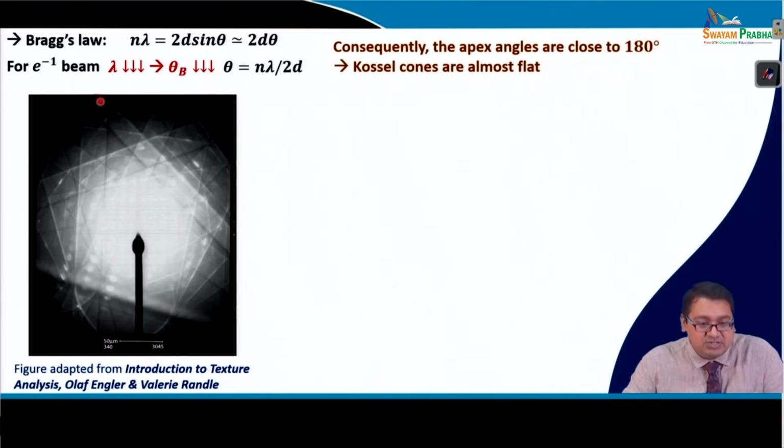This is another Kikuchi band that has formed, and if you look, the inside line of the band is darker, right, and you see for this band also the inside line is darker. You see for every band the inside line is darker, and the outside line is basically brighter. The outside line, you see for this Kikuchi band also and for this Kikuchi band also, is basically brighter.